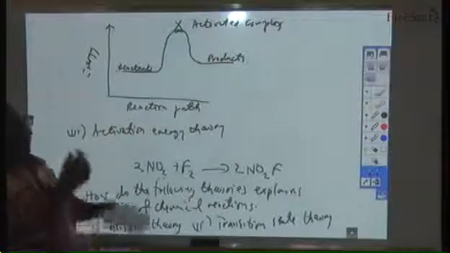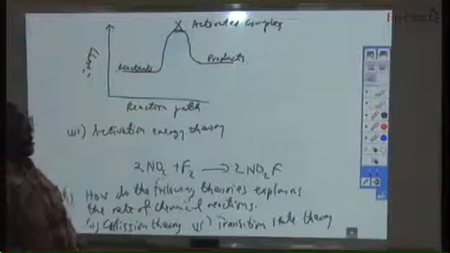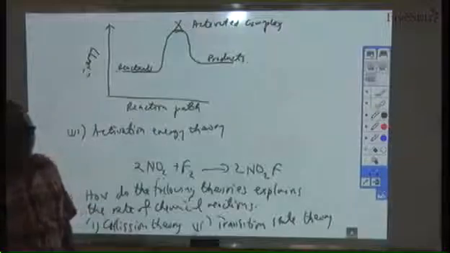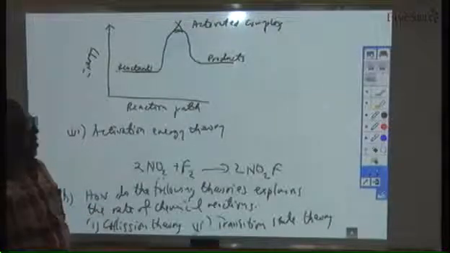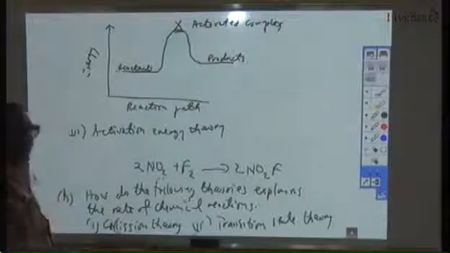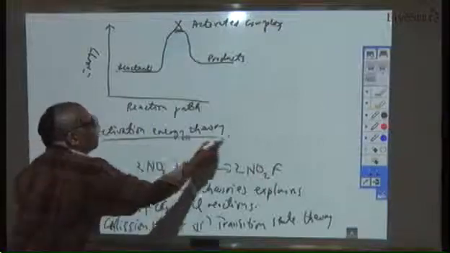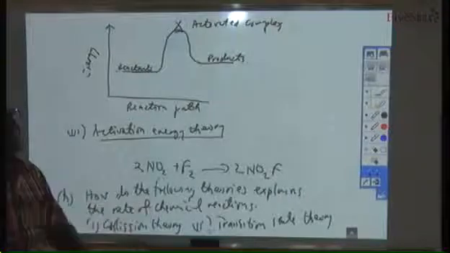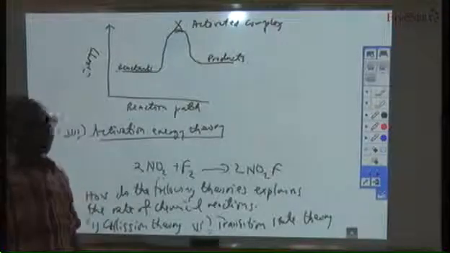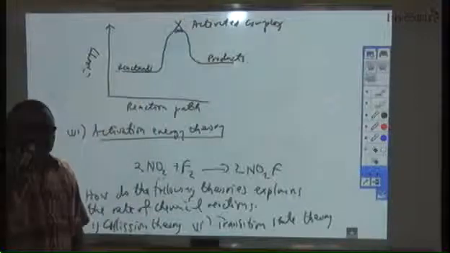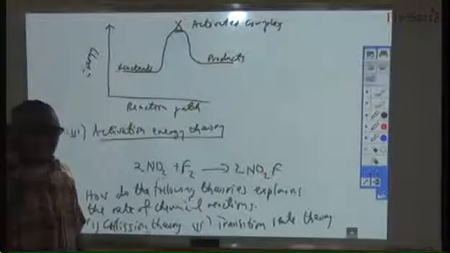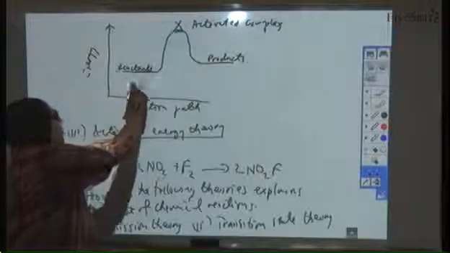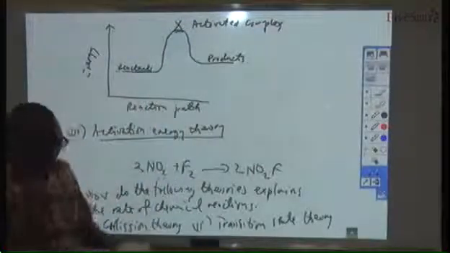The lower the fraction of reactants with this activation energy, the lower the chemical reaction rate. So, according to this theory, the rate of chemical reaction is determined by the percentage of reactants which possess activation energy. The higher the number of molecules having activation energy, the higher the rate of chemical reaction and vice versa.